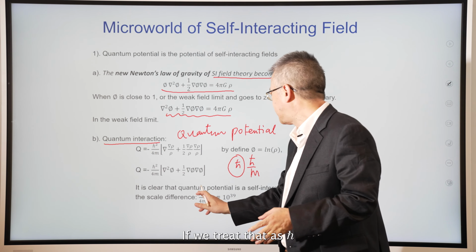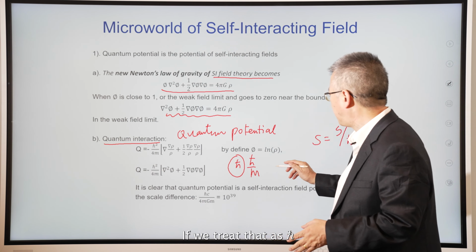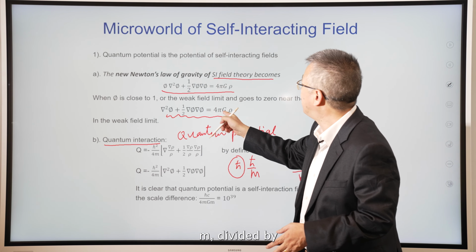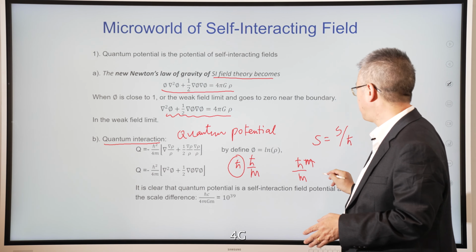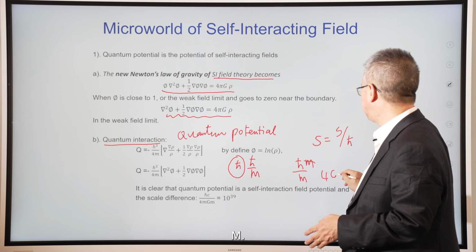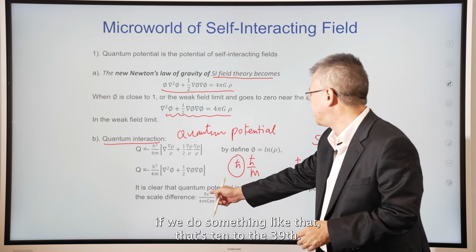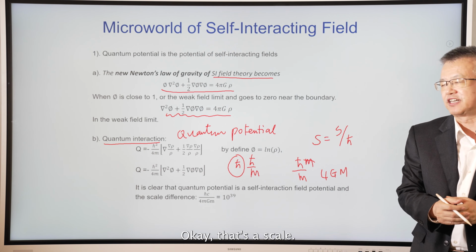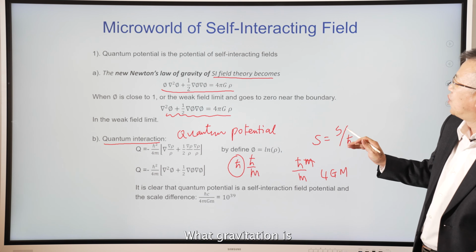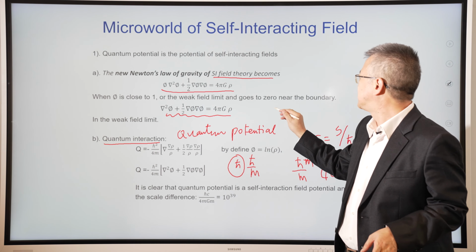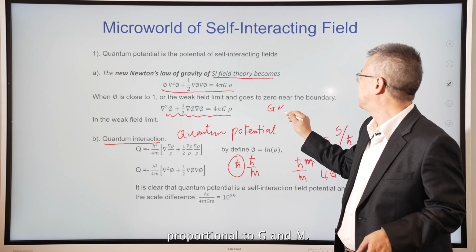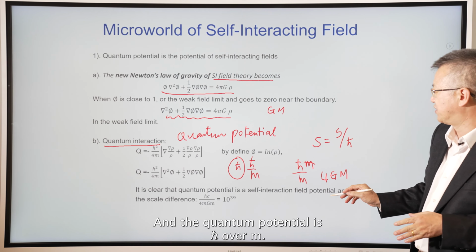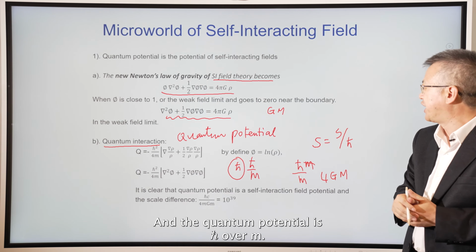If we treat that as h bar over m, divided by 4G m, if we do something like that, that's 10 to the 39th. That's a scale. So gravitation is proportional to G and m, and the quantum potential is h bar over m.